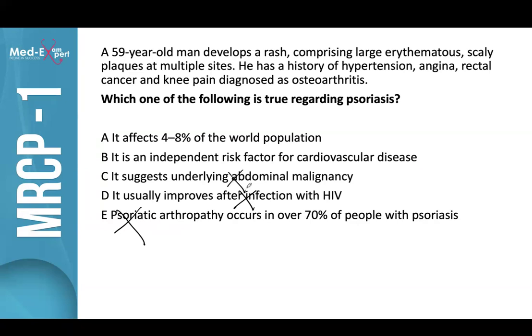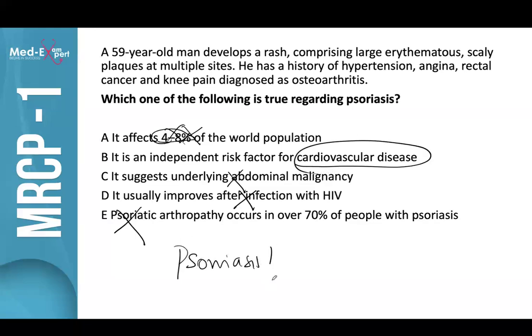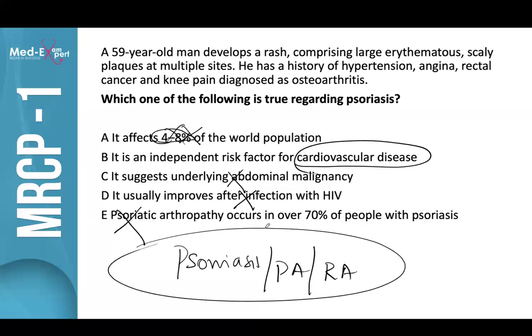No. It affects 4 to 8% of the world population? Again, these numbers are wrong. It is an independent risk factor for cardiovascular disease? Yes. Psoriasis, psoriatic arthropathy, rheumatoid arthropathy, all these are independent risk factors for ischemic heart disease. Remember that.